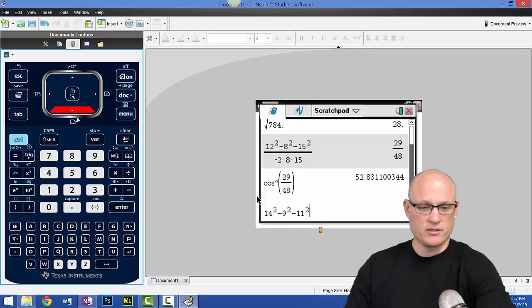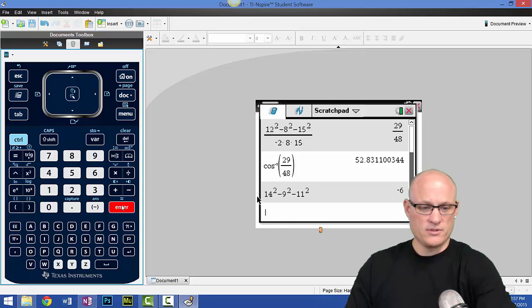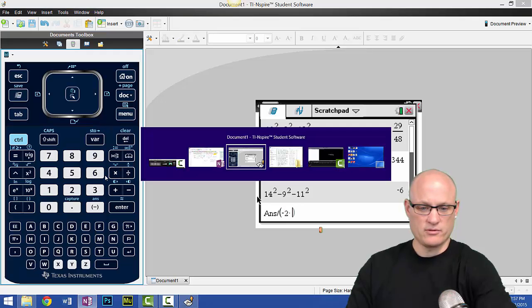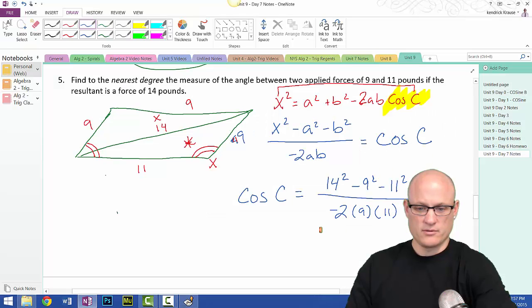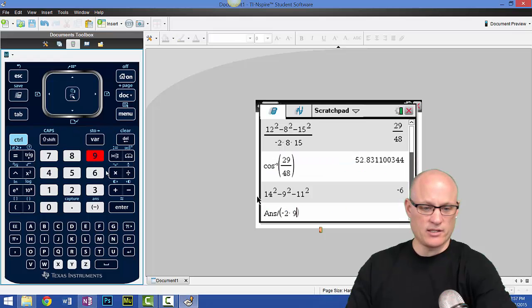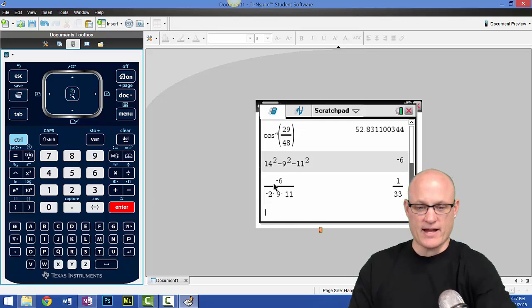Let's hit enter. Divided by, and I'll put this in parentheses, you'll see this makes more sense, negative 2 times 9 times 11. It'll turn into a nice fraction for me.